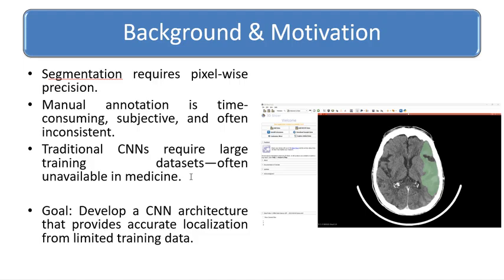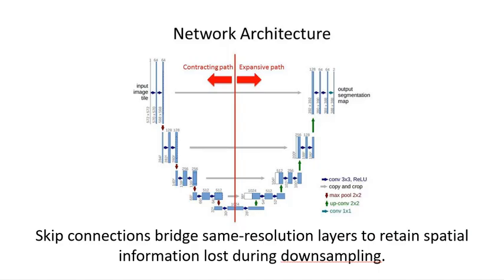So, UNet was designed specifically to enable high accuracy predictions even with very small datasets, addressing this common challenge in biomedical applications. As for the architecture, it is shaped like a U, and that's why the name, with a contracting path on the left and an expanding path on the right.